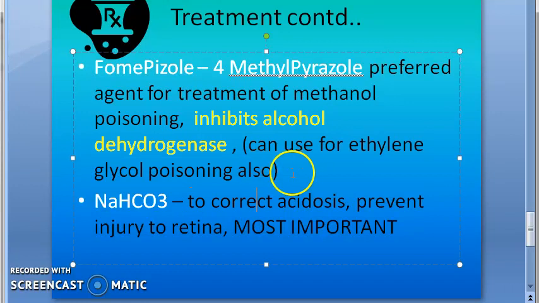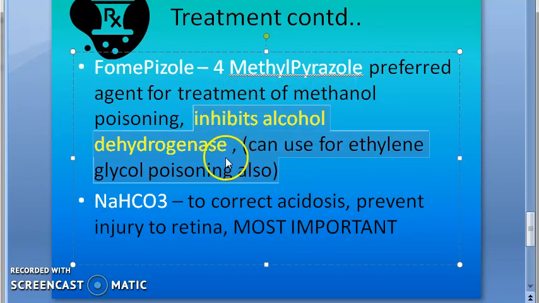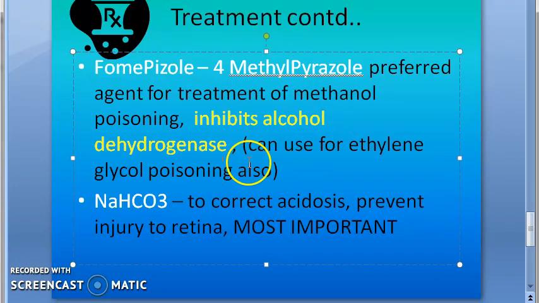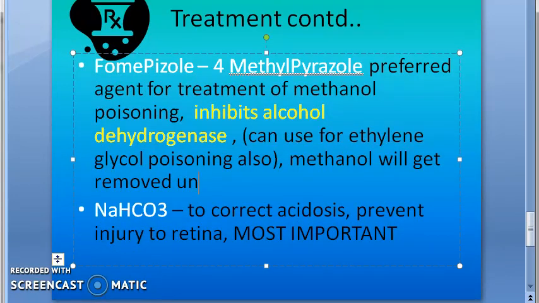What happens to the methanol which is remaining? Methanol will anyways get removed unchanged in urine. Next, going to the second point here: sodium bicarbonate.